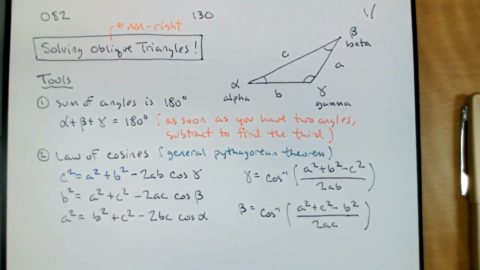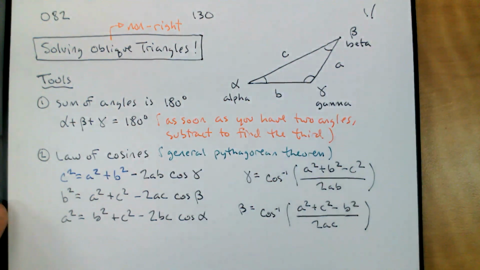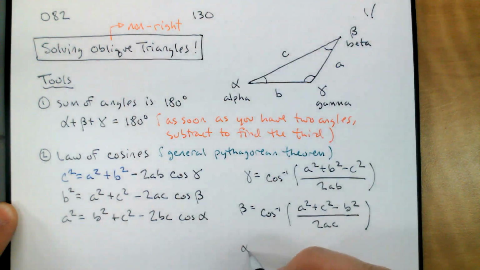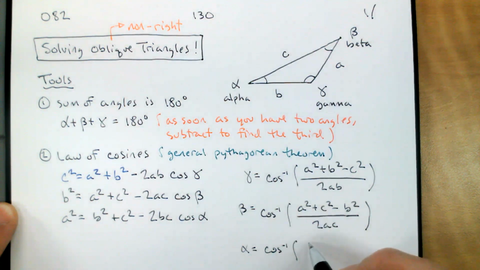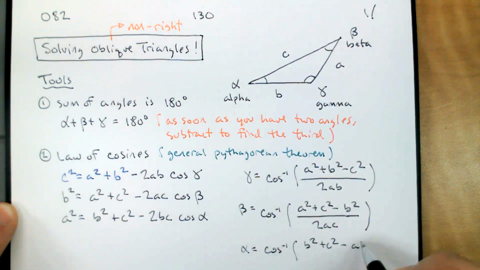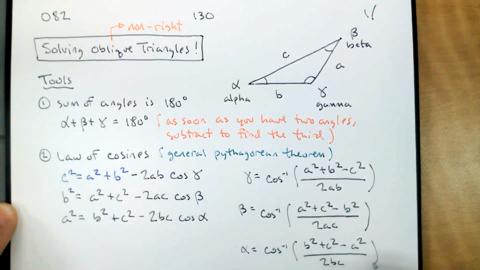And we could use this to solve for alpha. Alpha would be the cosine inverse of the two that aren't the same, that don't match, B squared plus C squared minus the opposite one, A squared, over 2BC.